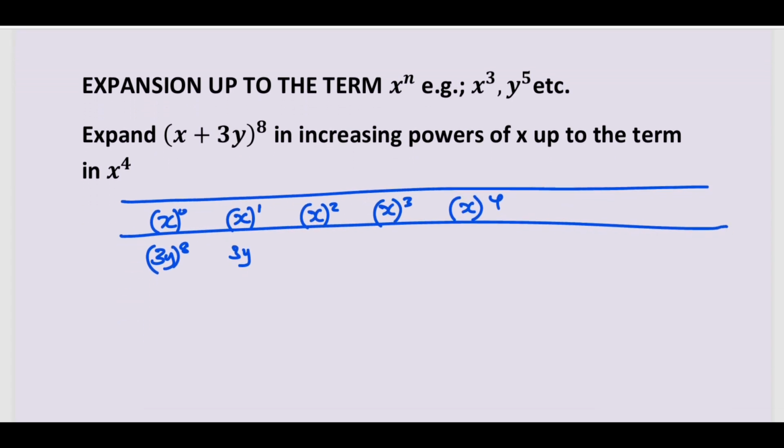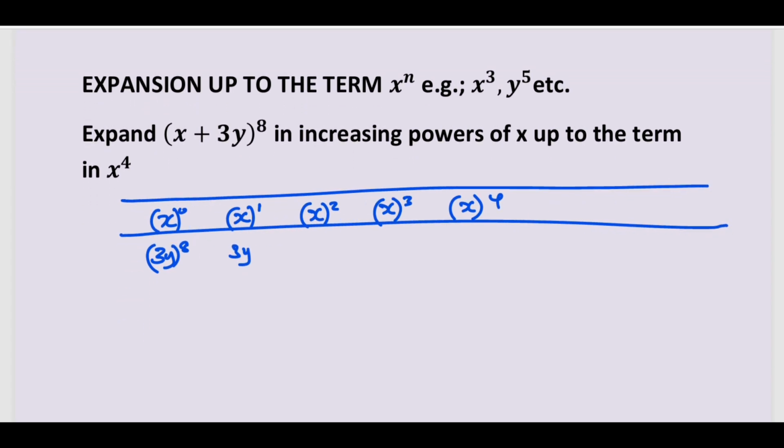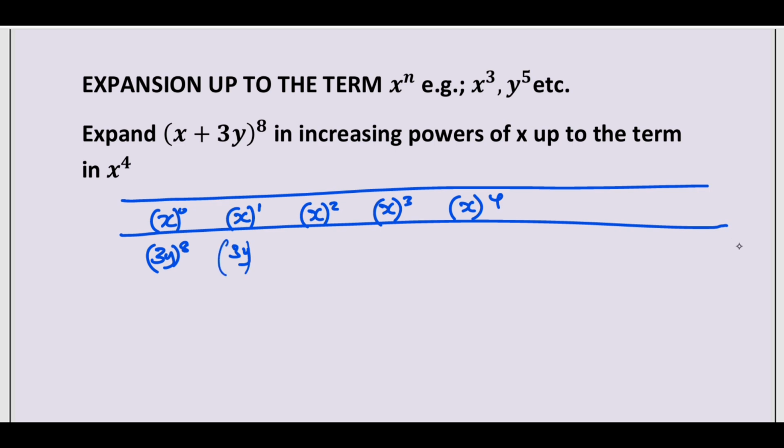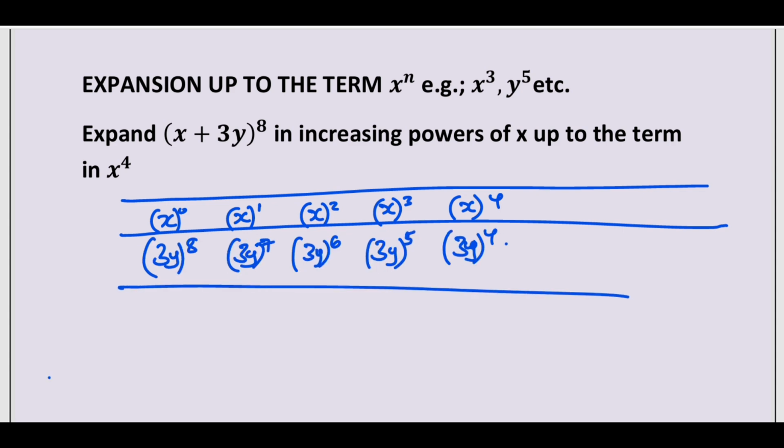Then for 3y, we start from 3y power 8, then 3y power 7, then 3y power 6, 3y power 5, 3y power 4. And then remember to put the coefficients.